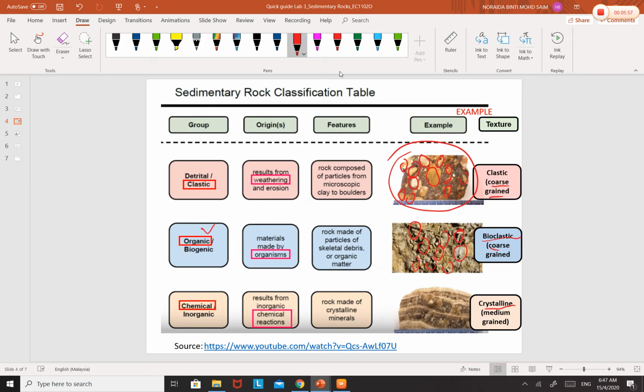Mana yang chemical, the texture is crystalline, but then you see the medium size dia sama ada dia coarse, medium or fine. Kita kata dia medium kat sini because nampaklah sikit dia punya sizes dia. Okay. Alright, so nanti you fill up based on that.